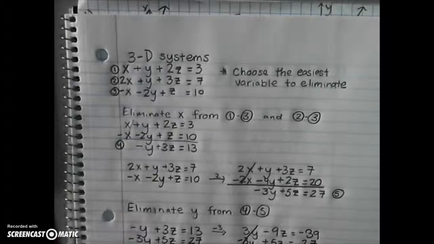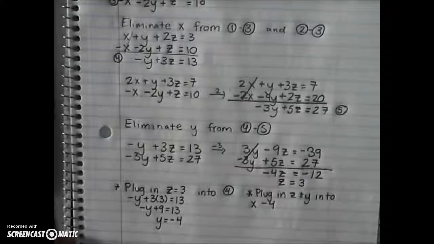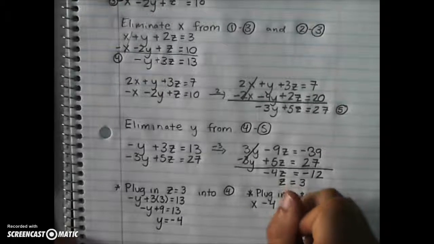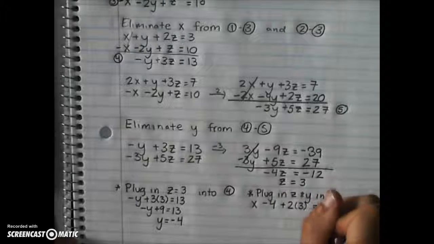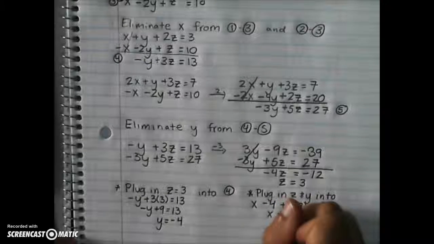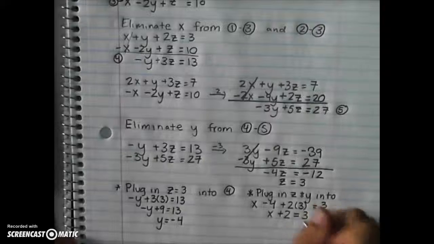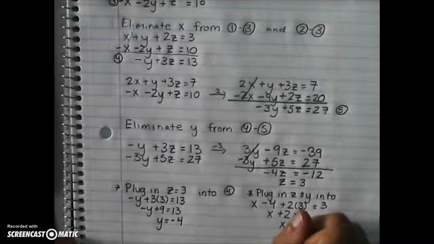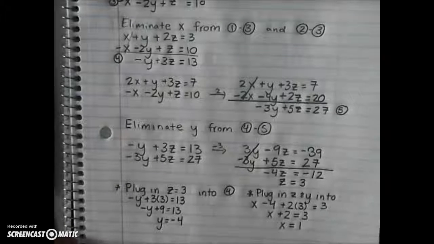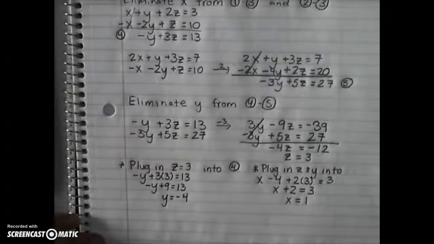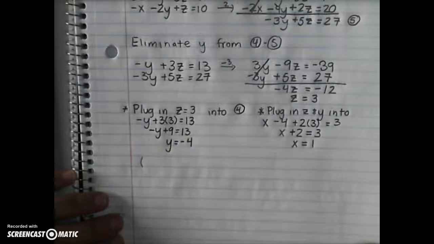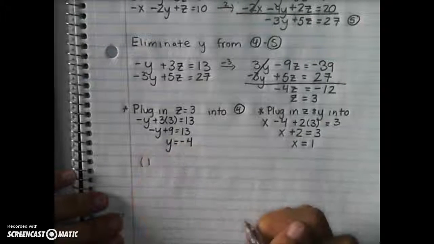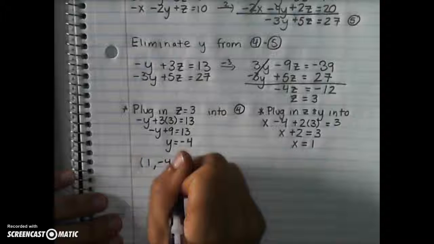So now we have x minus 4 plus 2 times 3 equals 3. x plus 2 equals 3. x equals 1. So the coordinate point we found, we're going to do it in alphabetical order: 1, comma, negative 4, 3.